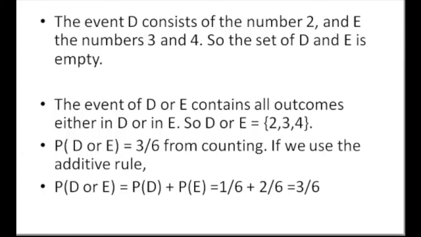So the set D and E is empty. The event D or E contains all outcomes either in D or in E. So D or E is the set of 2, 3 or 4. Probability of D or E is 3 out of 6 from counting. If we use the additive rule, probability of D or E is the probability of D plus the probability of E equals 1/6 plus 2/6 or 3/6.